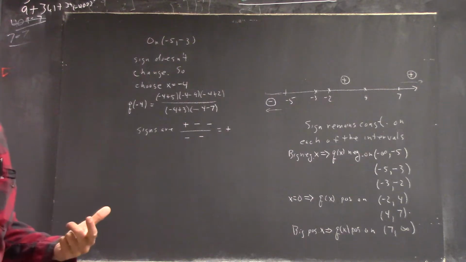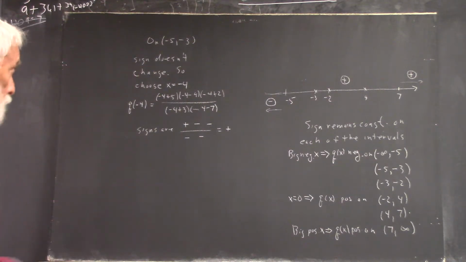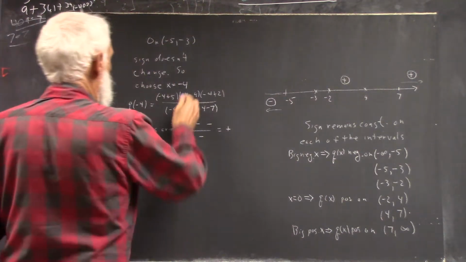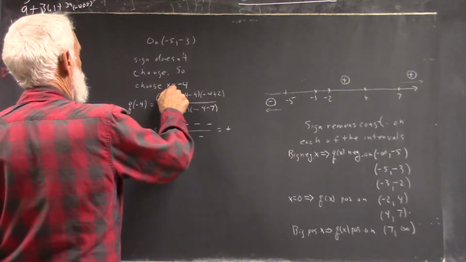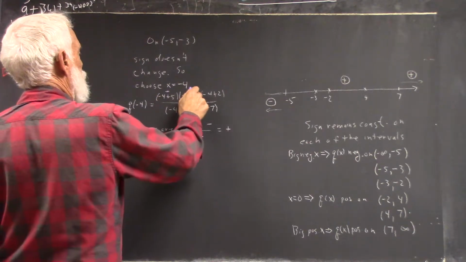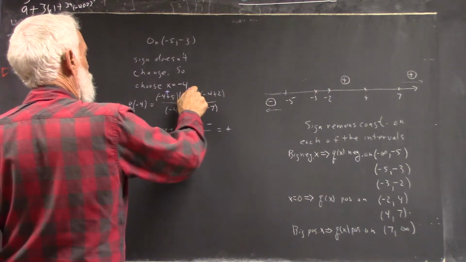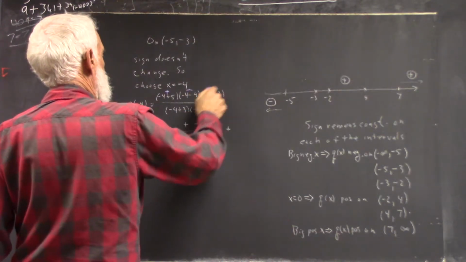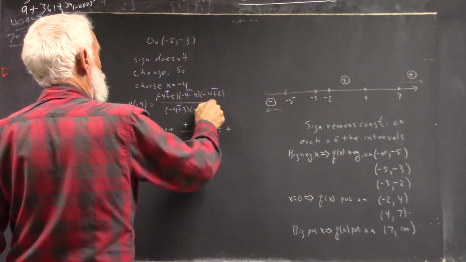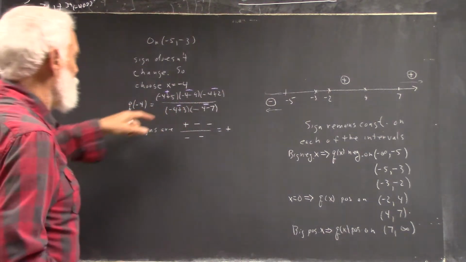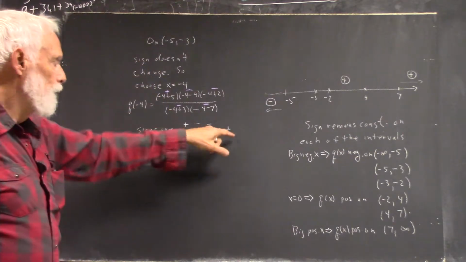Understand what I did? Okay, just make sure. Negative 4 plus 5, this is negative. Negative 4 minus 4, I'm sorry, it's positive. Negative 4 minus 4 is negative. Negative 4 plus 2 is negative. All these are negative except this one. It means you got 4 negatives and a positive gives you positive.